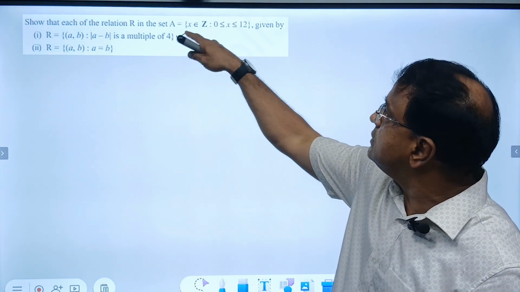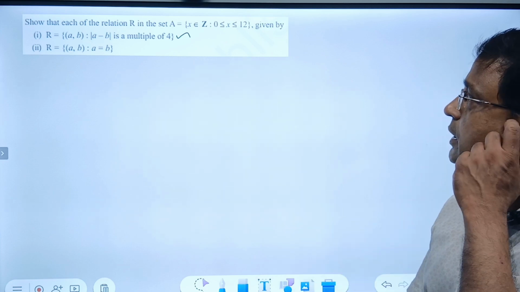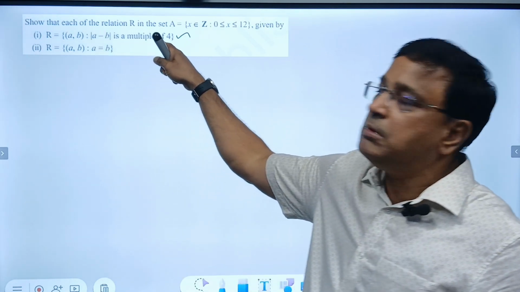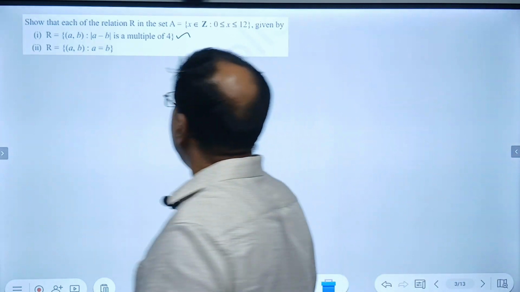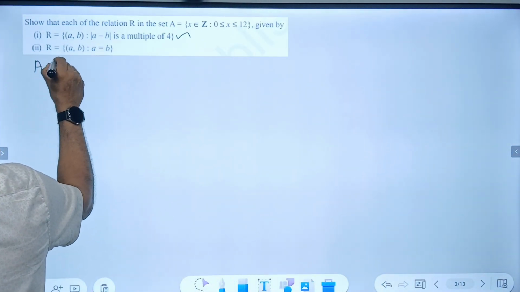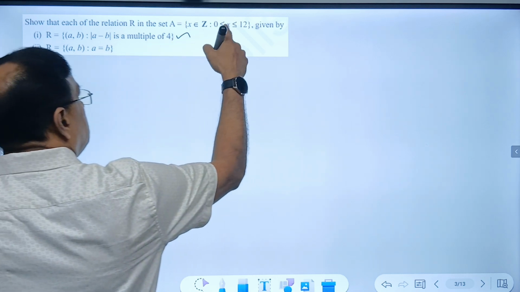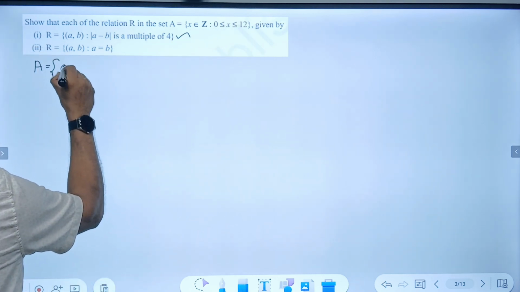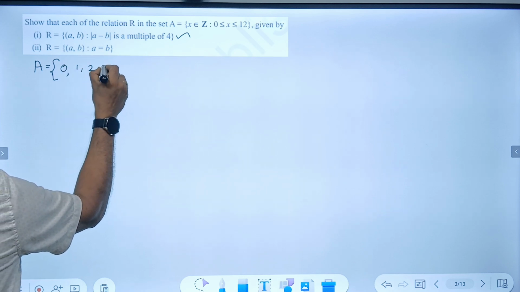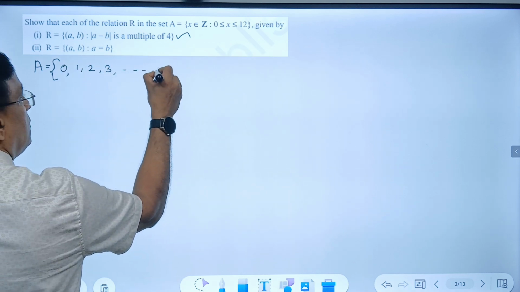The relation is given by modulus of A minus B is a multiple of 4. First let us understand what my set A is. My set A is the set of all integers from 0 to 12. So it will be 0, 1, then 2, then 3, up to 12. This is my set A.